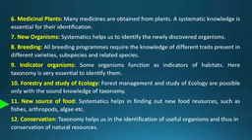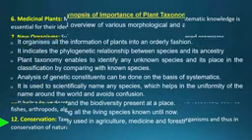Systematics helps in finding out new food resources such as fishes, arthropods, algae, etc. Next one is a very important topic, the importance of taxonomy in conservation. In case of conservation, taxonomy helps us in the identification of useful organisms and thus in conservation of natural resources.